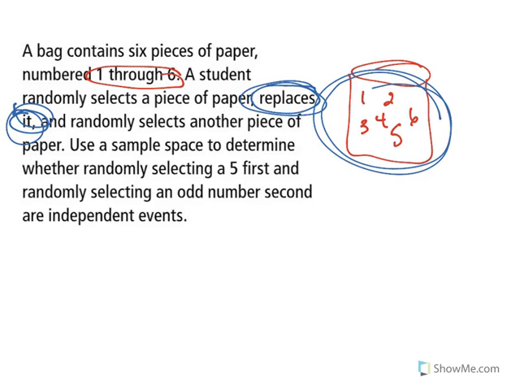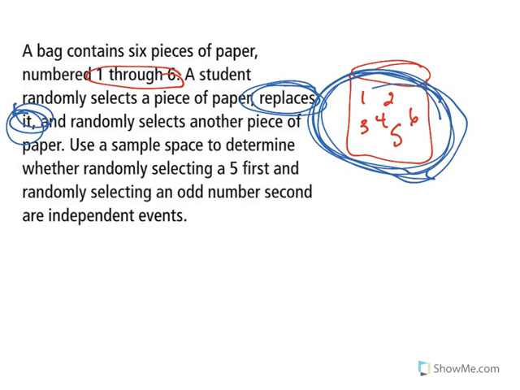So the second person, when I let Sam pick one, is also able to pick 1, 2, 3, 4, 5, or 6. Therefore these are independent. It doesn't matter what Sammy picks first because he's going to put his number back.